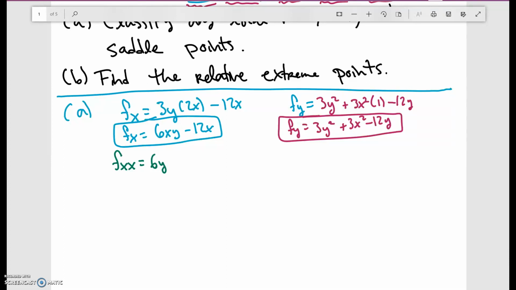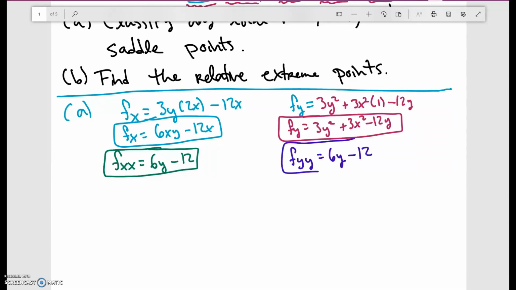The derivative of negative 12x is just going to be negative 12. So here is my second derivative with respect to x. And then I'm going to take the second derivative with respect to y. So this one's just going to be 6y. This one's just going to go away. Minus 12y, the derivative of that is just minus 12. Okay, so here's my second derivative with respect to y.